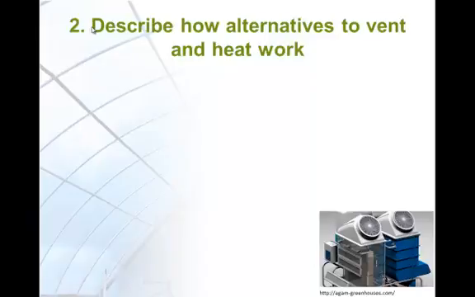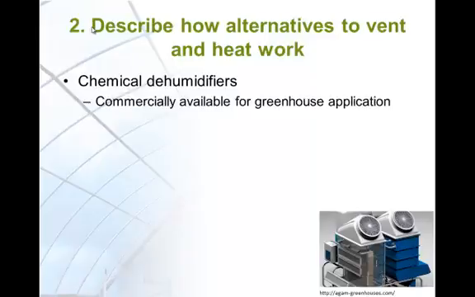We will now move to our third and final alternative, the chemical dehumidifier. A chemical desiccant can be used to absorb moisture from a greenhouse environment. A commercially available example is the ventilated latent heat converter, or VLHC, by Ogum.